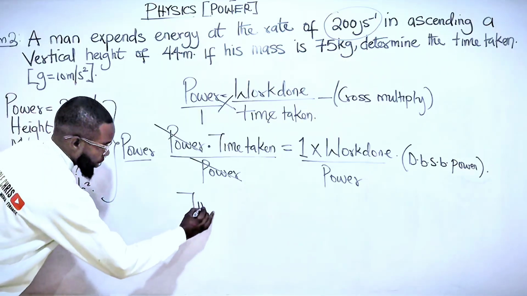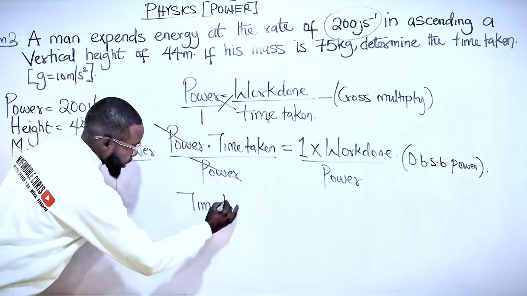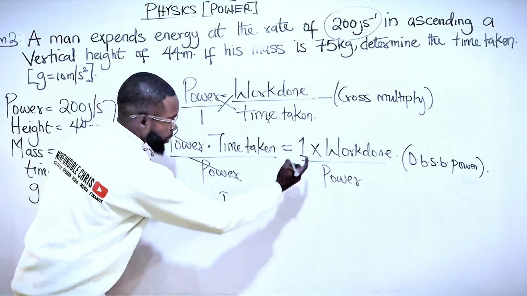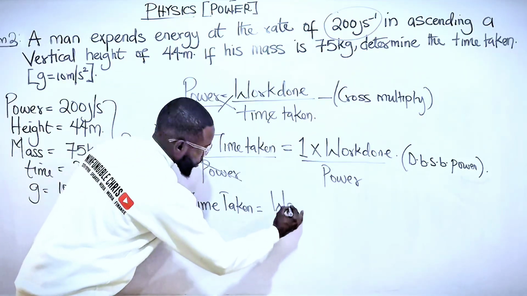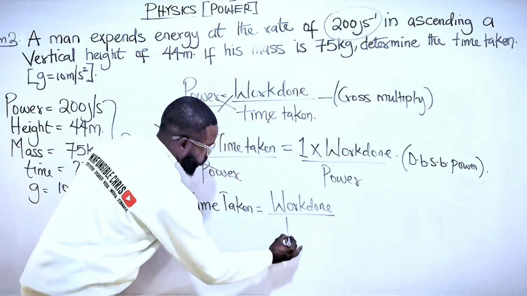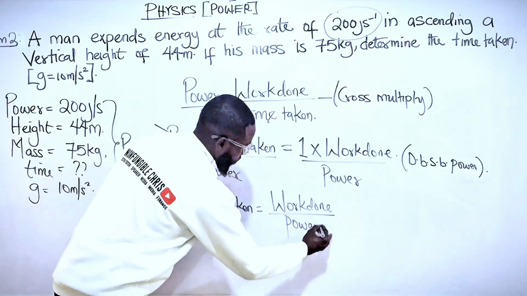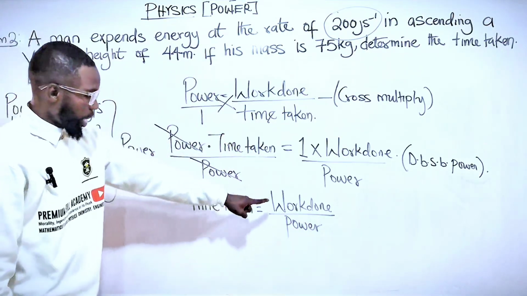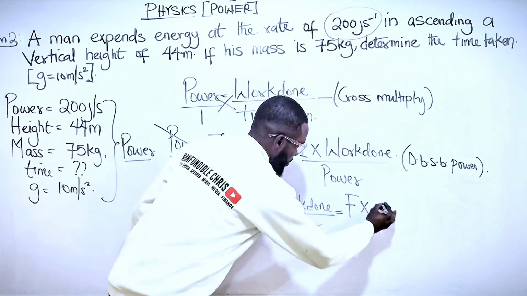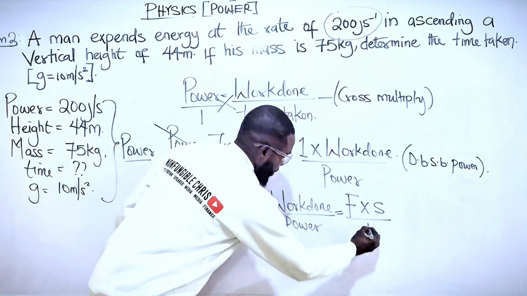The time taken becomes 1 times work done, which is work done, over the power. And we said in our previous class that the work done is the same thing as force times distance, over the power.